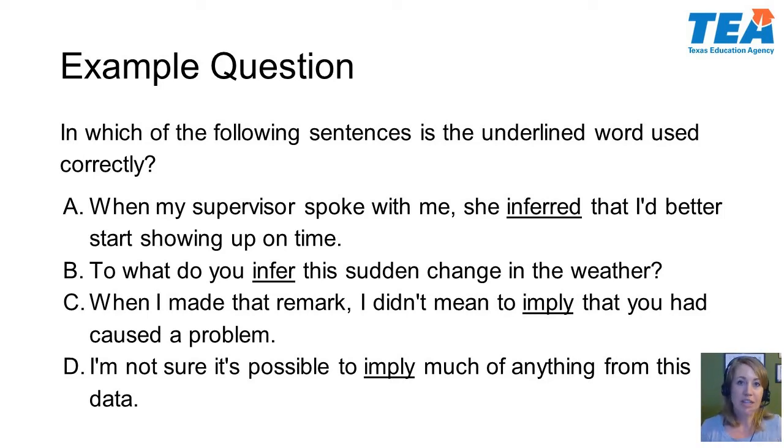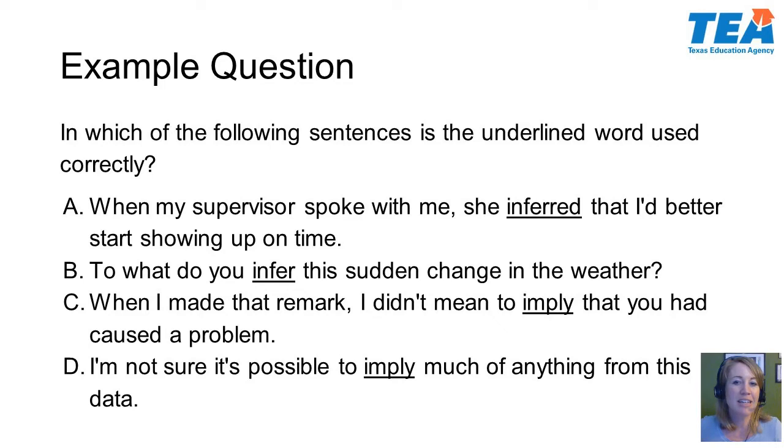So if you were given this question, in which of the following sentences is the underlined word used correctly, you would want to read through and figure out, gosh, what doesn't sound right? So we'll start with the first one. When my supervisor spoke with me, she inferred that I'd better start showing up on time. So inferred means that you have basically deduced a conclusion from evidence, right?